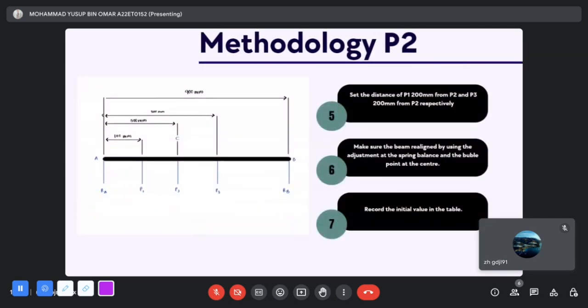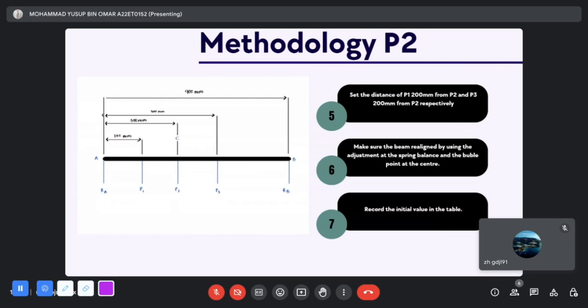So actually in part 1, we used different distances, which are 200 and 300, but a constant load. But in part 2, we have a constant distance but a different load.